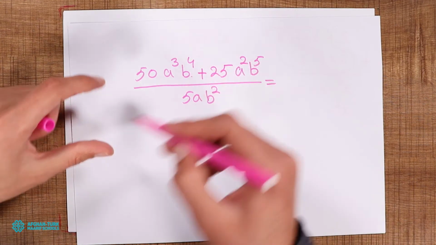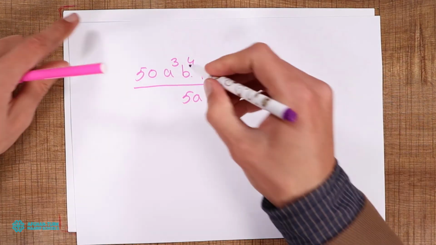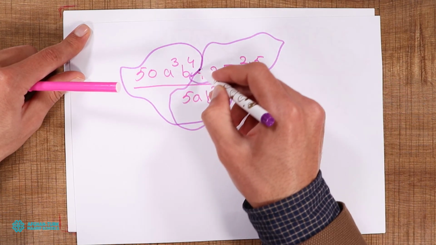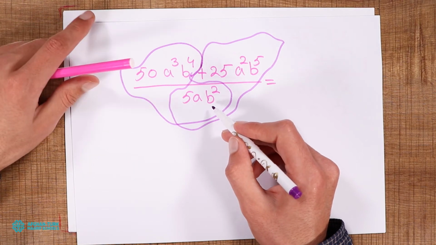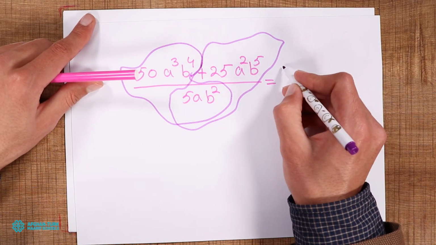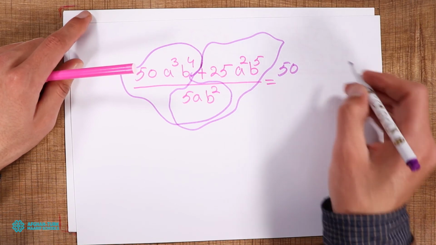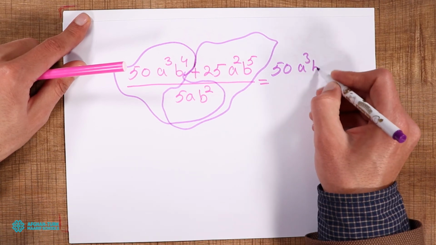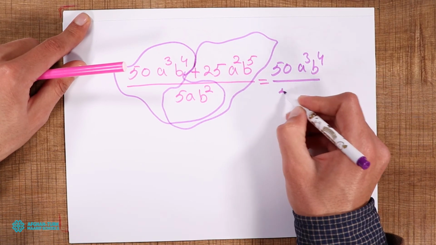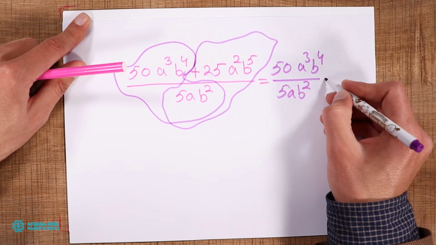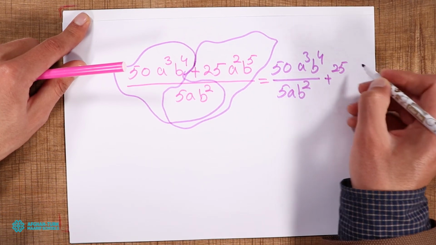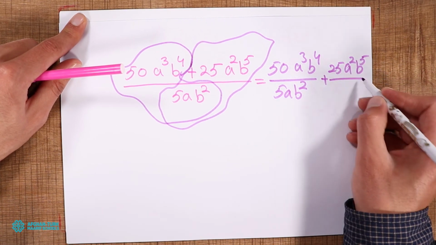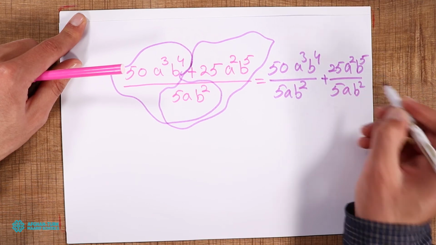So, as you learned before, divide each term of the first polynomial by the monomial, which is in the denominator. So this will be 15a to the power of 3 b to the power of 4 over 5ab squared, plus 25a squared b to the power of 5 over 5ab squared.